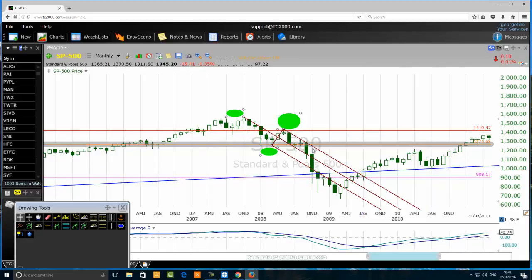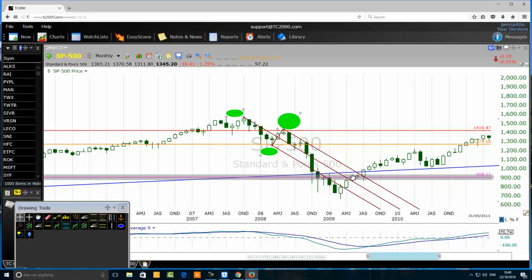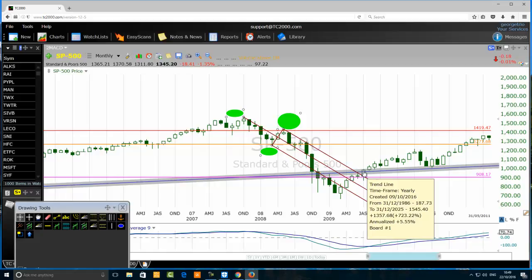Price has managed to escape, so to speak, the bearish channel, the bearish Pitchfork tool, and now we will wait until this candlestick bar is closed. Because we are on a monthly chart, we wait until the monthly bar is closed. If you were on a weekly chart, we would wait until that weekly candlestick bar is closed.